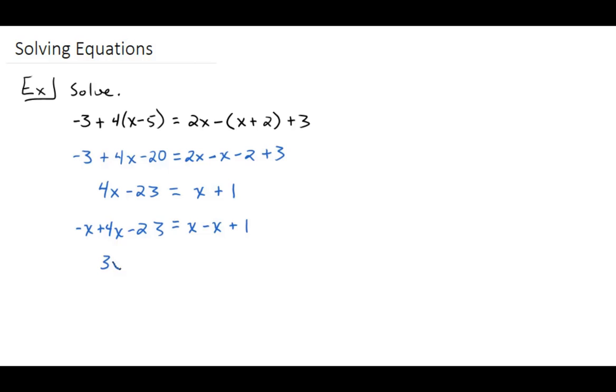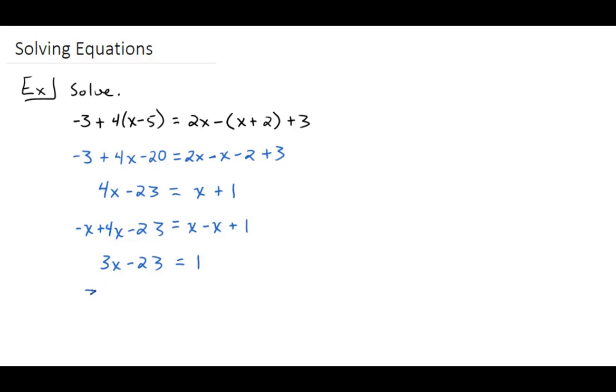So this would give me 3x minus 23 equal to my 1. Now that I have it so there's just one x term in the problem, I'm going to undo that. And so right now what's happening to that x is it's being multiplied by 3 and then subtracting 23. So I'm going to add 23 and then divide by 3.